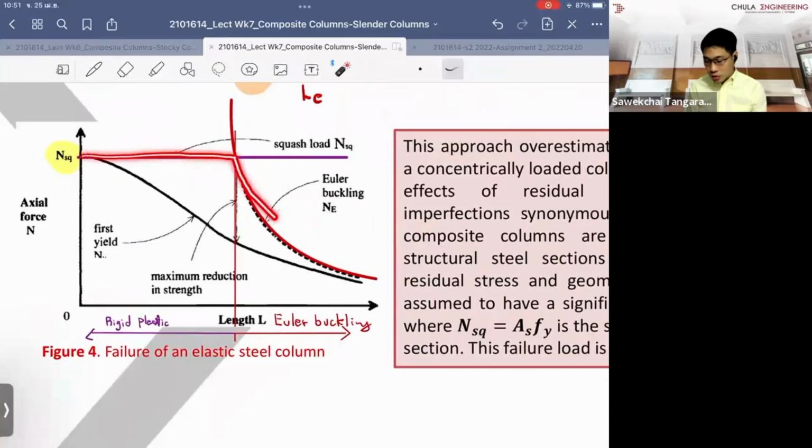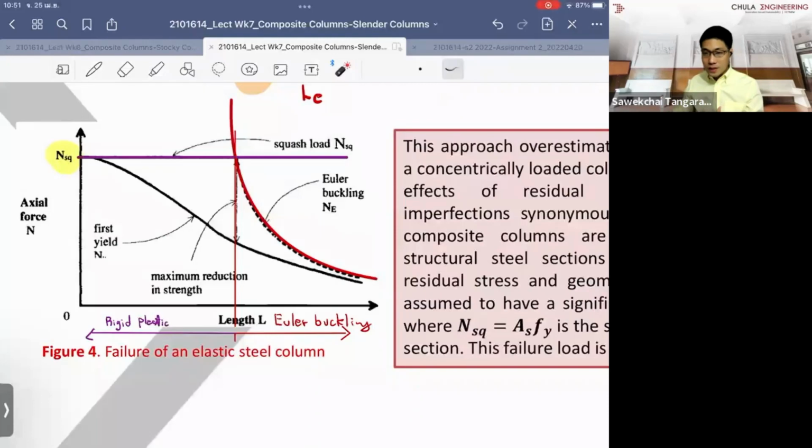Right, so that's why normally what we're supposed to see for the theoretical buckling condition is that we compare between the squash load and the buckling load. We will see that when the length or the slenderness of the member reaches some value, we call it the limit, which is the plastic limit and the elastic limit. When it sits above the plastic limit, we drop the capacity from the squash load.